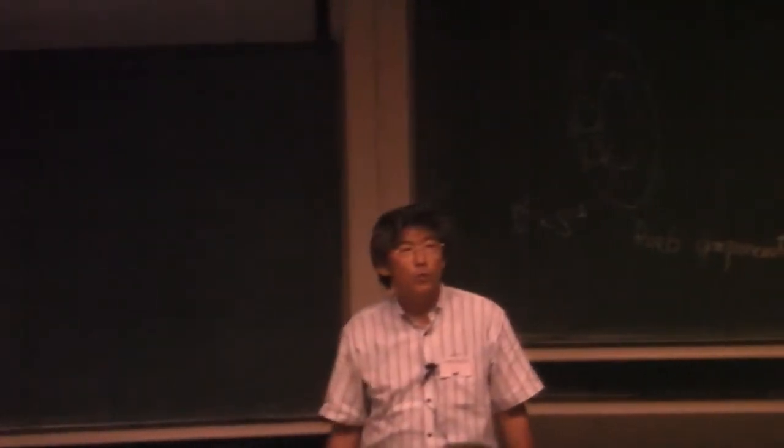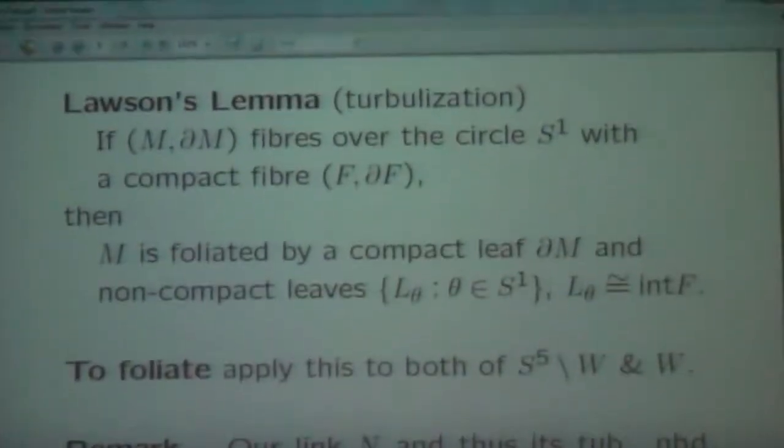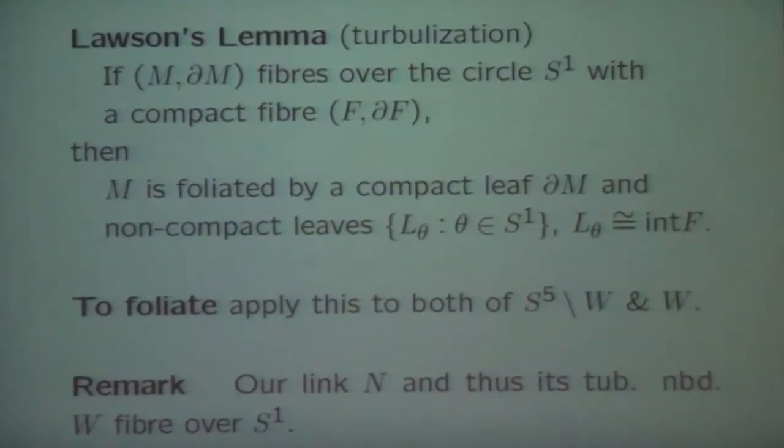And coming back to the history of foliating S5, soon later, in 77, I think, Thurston proved the h-principle for codimension 1 foliations. If you know that the manifold has trivial Euler characteristic, Thurston showed that it admits a codimension 1 foliation.